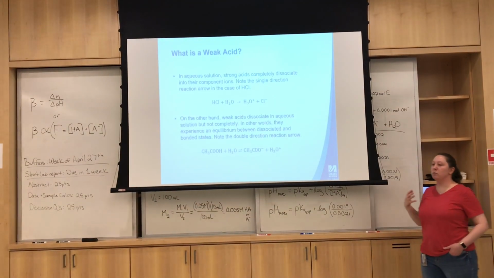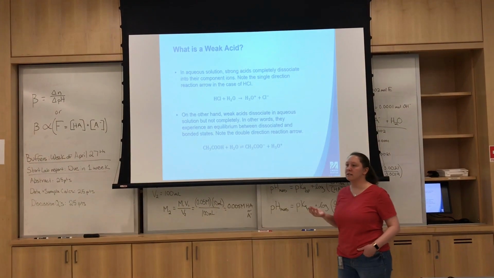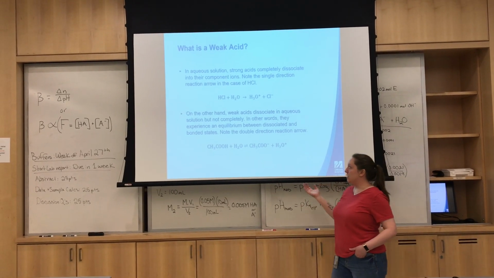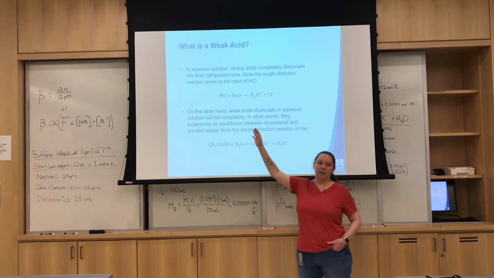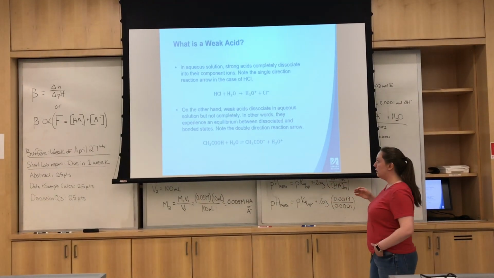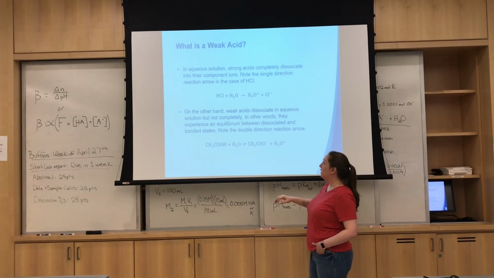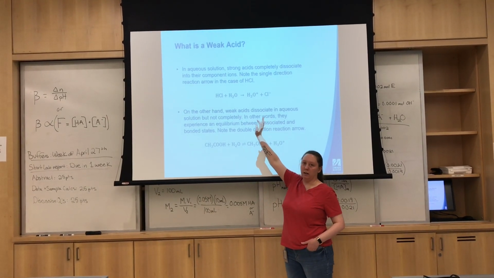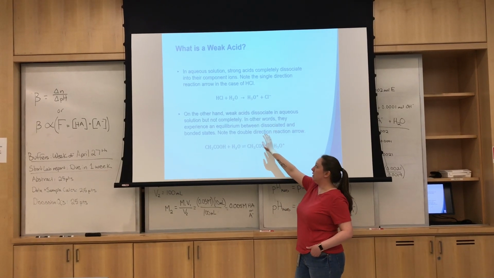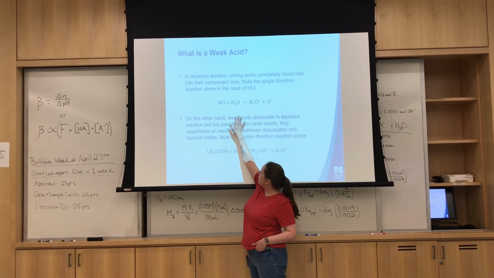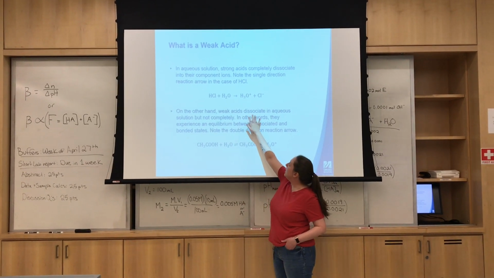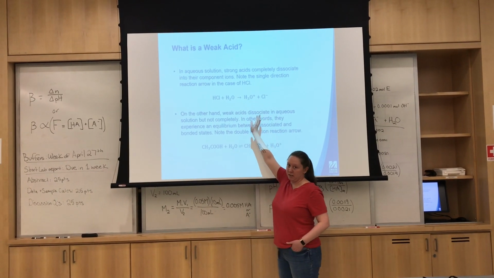Okay, so what is a weak acid? Well, let's first think of what is a strong acid. So a strong acid like HCl, H2SO4, etc., when they dissociate one proton, or H+, the proton reacts with the water molecule to make hydronium and the conjugate base.